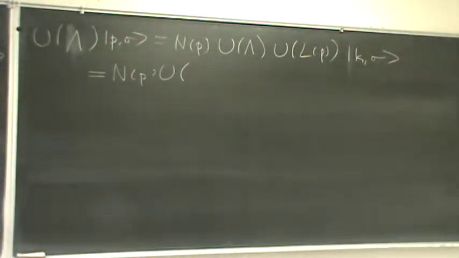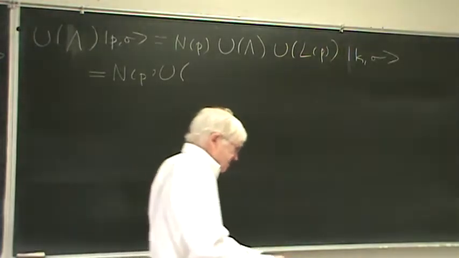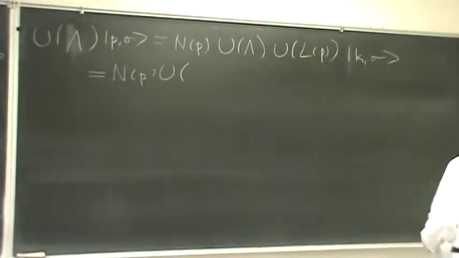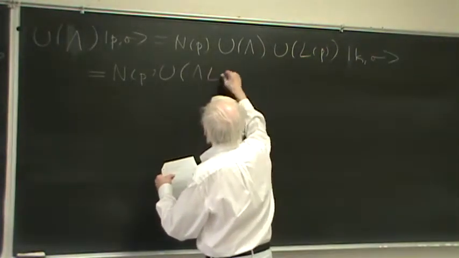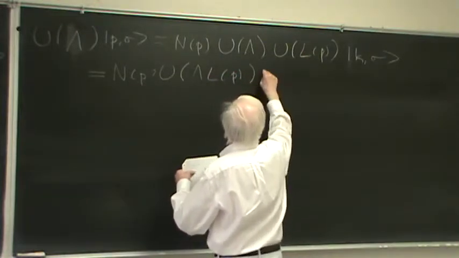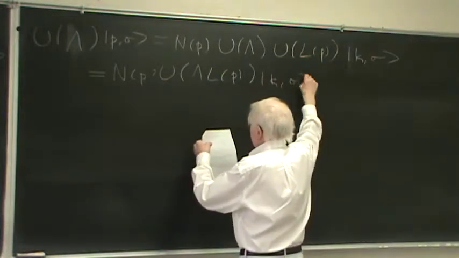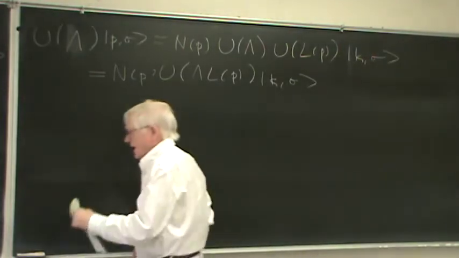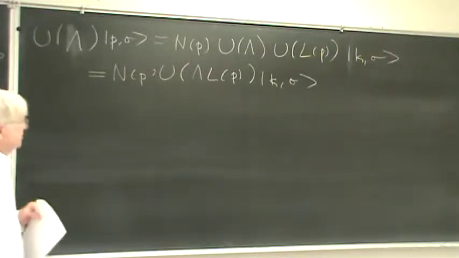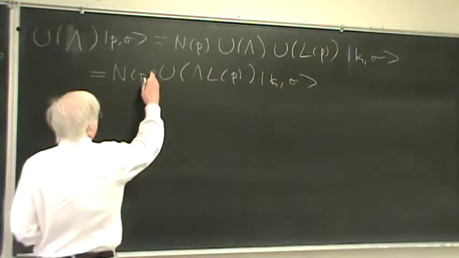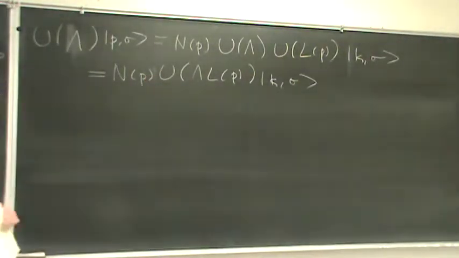Notice that it's an infinite dimensional representation, because finite dimensional representations of non-compact groups can't be unitary. Anyway, so this is lambda L of P, K sigma. And now there's a standard thing that is done. Once again, it was done by Wigner and Weinberg, who was a graduate student at Princeton, picked it up from Wigner.